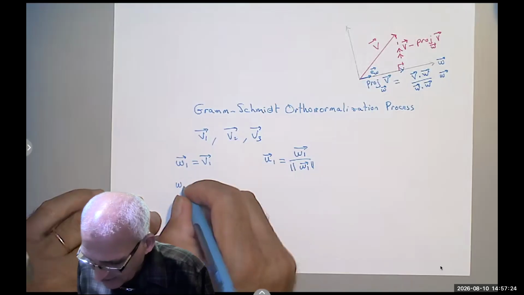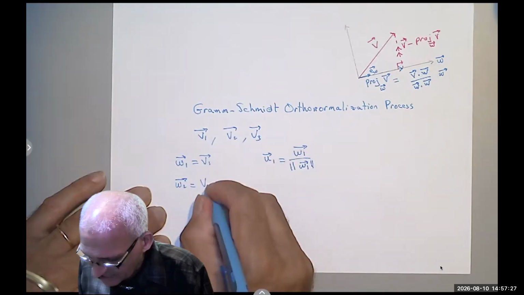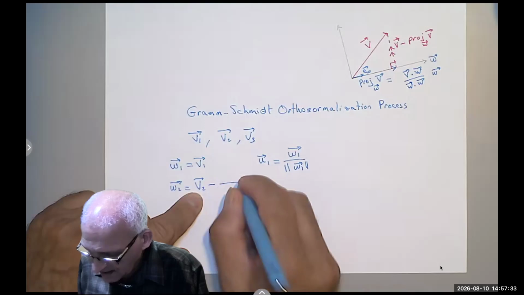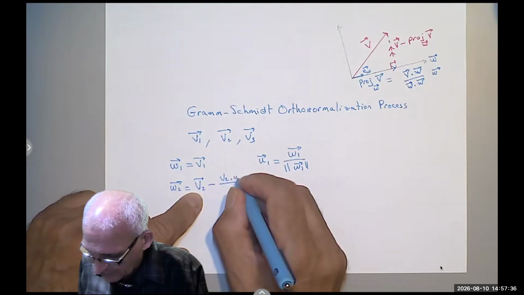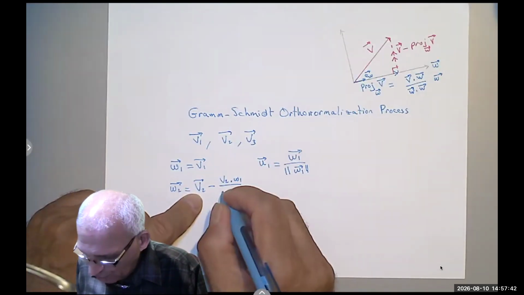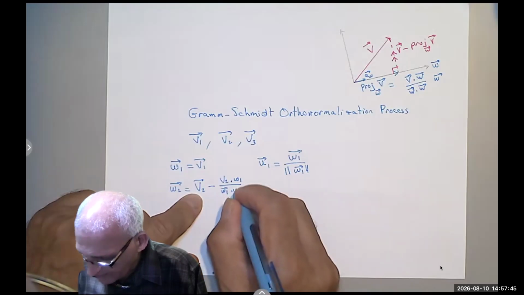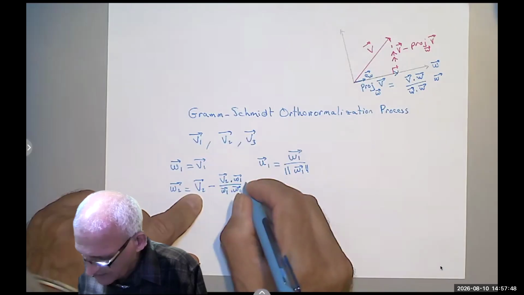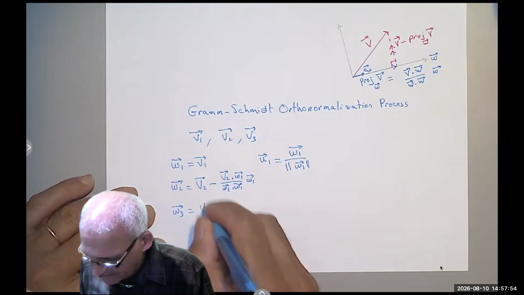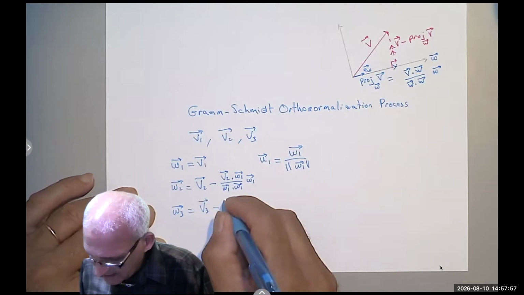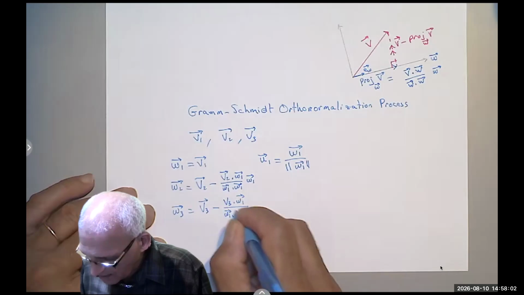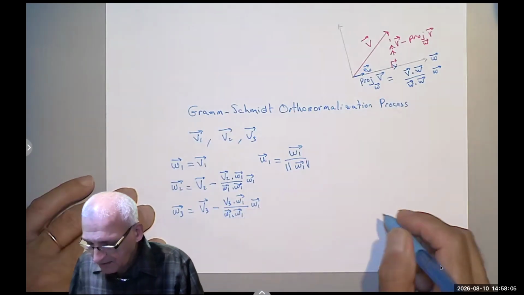Then when I calculate W2, it's V2, but I want to make V2 perpendicular to V1, so minus V2 dot W1, because W1 is V1, over W1 dot W1 times W1. And when I go to W3, it's V3 minus V3 dot W1 over W1 dot W1 times W1. But guess what?